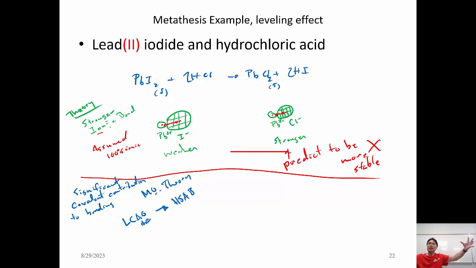So if you take a big polarizable orbital and combine that with a tiny rigid orbital, does that make a good combination? It turns out no. What we want is to take a big polarizable orbital and do an LCAO with another big polarizable orbital. Those big polarizable orbitals we call soft.